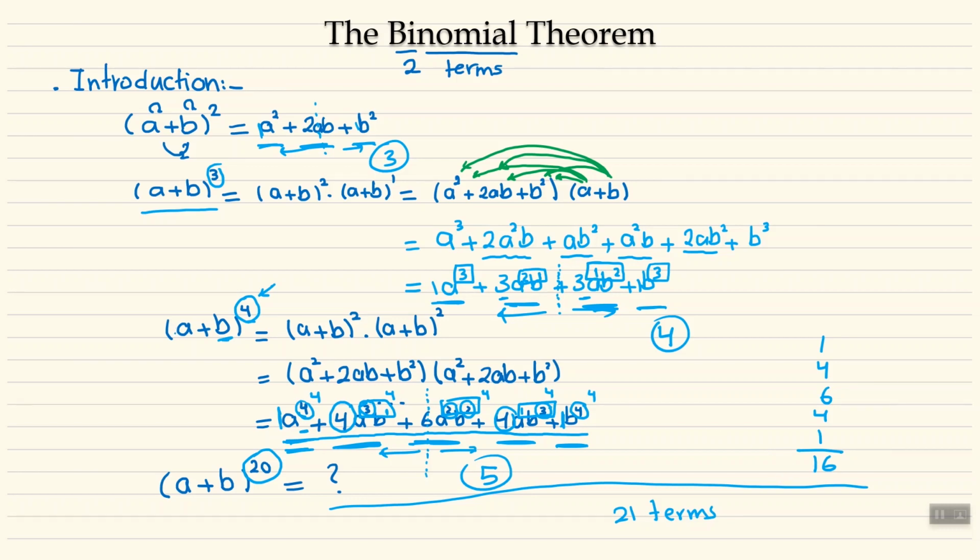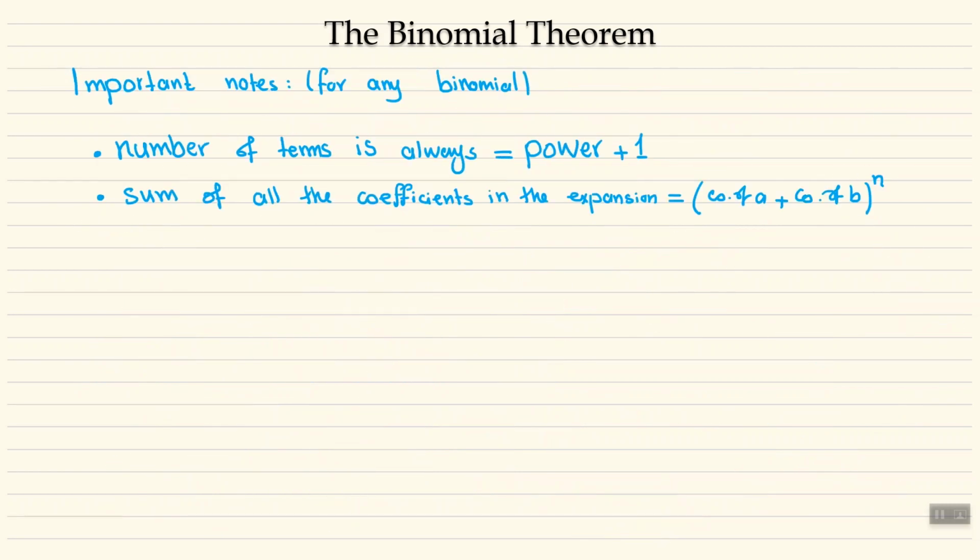If we take the coefficient of the first term, which is 1, plus the coefficient of the second term, which is 1, and we give it a power 4, it will be 2 to the power of 4, and 2 to the power of 4 is equal to 16 as well. So we get the same answer either way. So the point is, the sum of all the coefficients in the expansion is always equal to the coefficient of the first term plus the coefficient of the second term to the power of n.